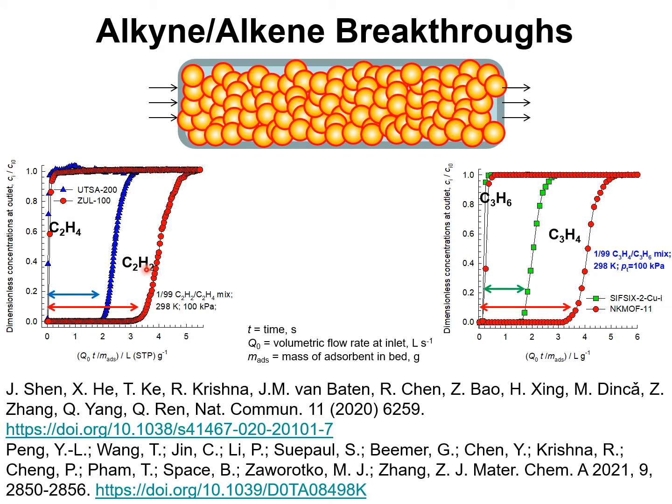This graph shows the breakthroughs for mixtures of ethene in a breakthrough tube packed with ZUL 100 or UTSA 200.